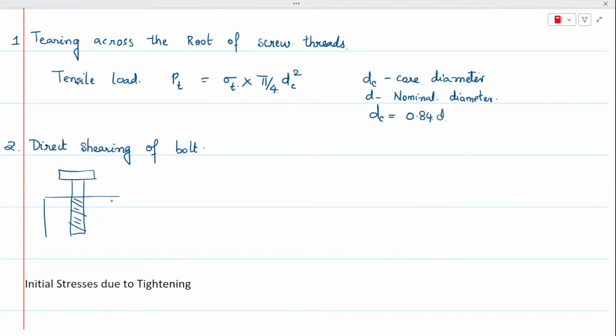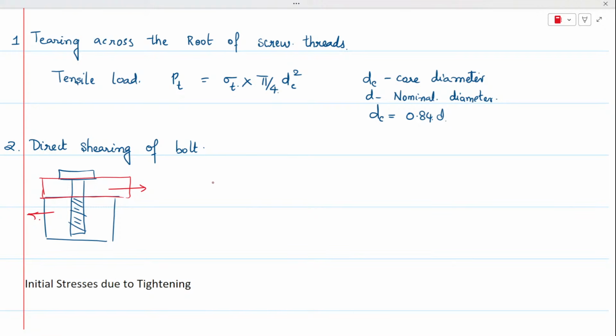Let's say there is a plate over here, and another plate. So in the non-threaded portion, due to relative motion of these two surfaces, the shearing action is going to happen. This could be especially observed in the flanges.